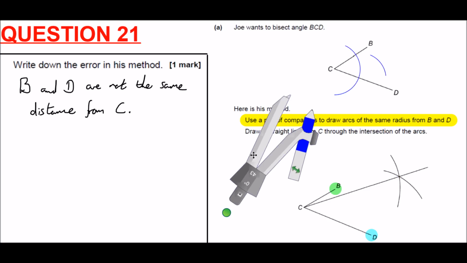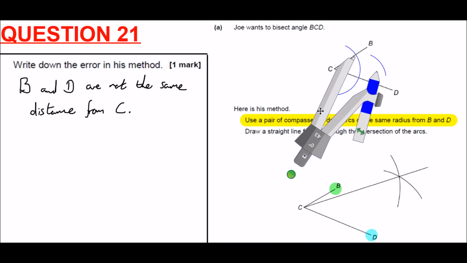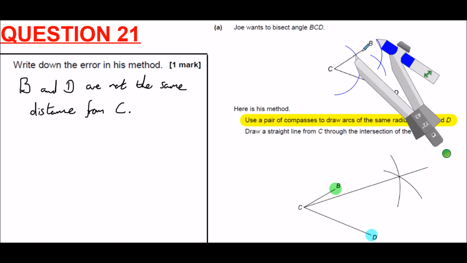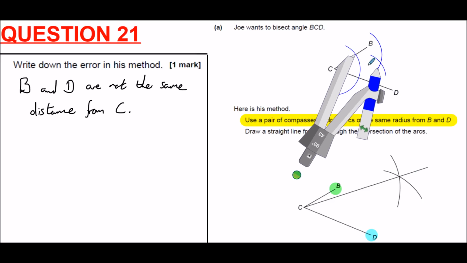So what we need to do next is to put the compass on this intersection and do a straight line, sorry, an arc going from this intersection towards the middle of the angle.